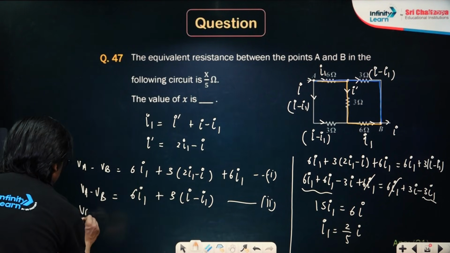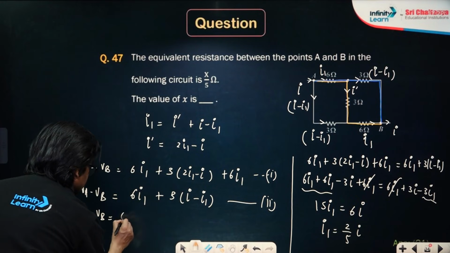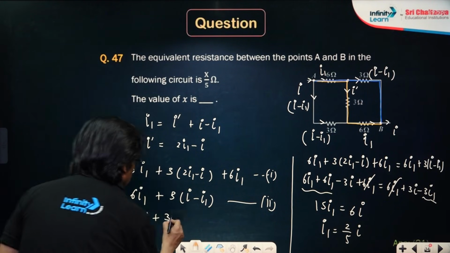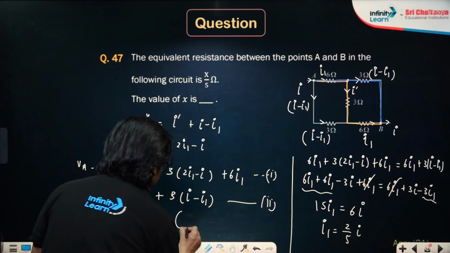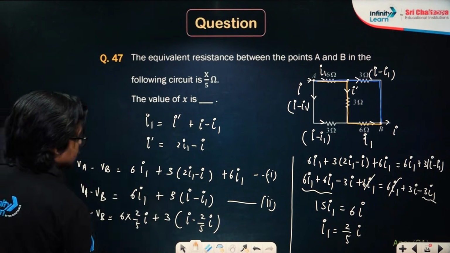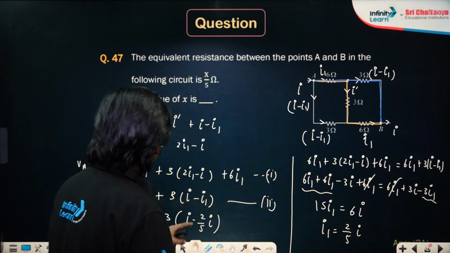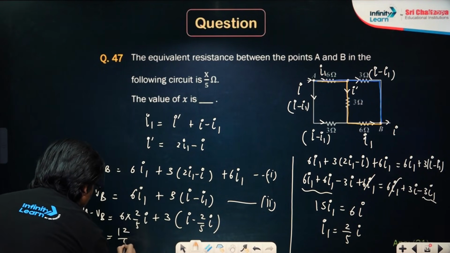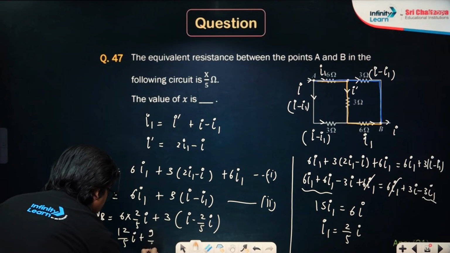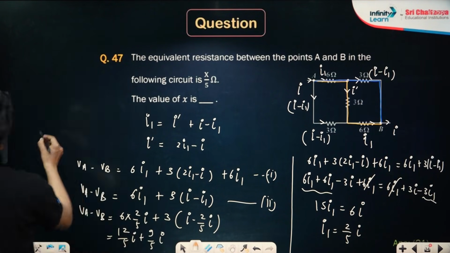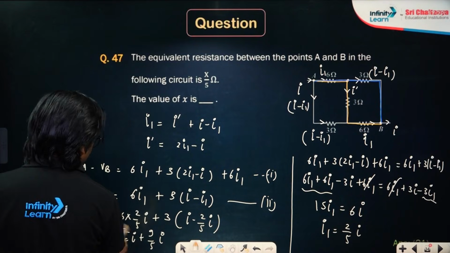VA minus VB is equal to 6 into 2 by 5 into I plus 3 into I minus I1, that is I minus 2 by 5 I. So 1 minus 2 by 5 is 3 by 5 I, so 9 by 5 I you are going to get here. So 12 by 5 I plus 9 by 5 I. The potential difference between these two comes out to be 21 by 5 I.